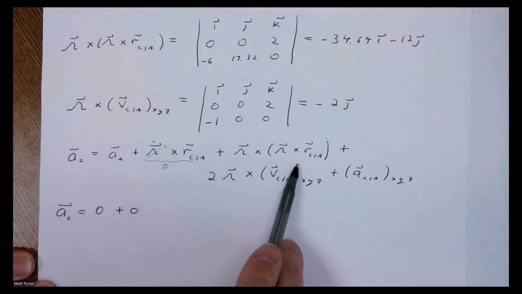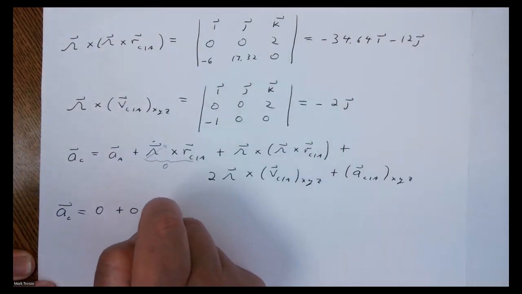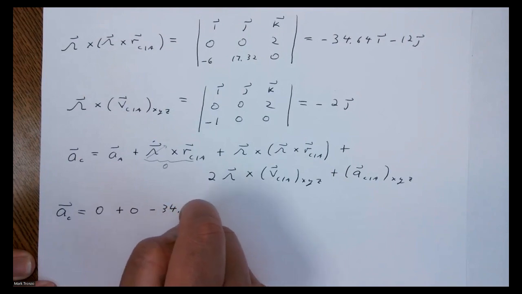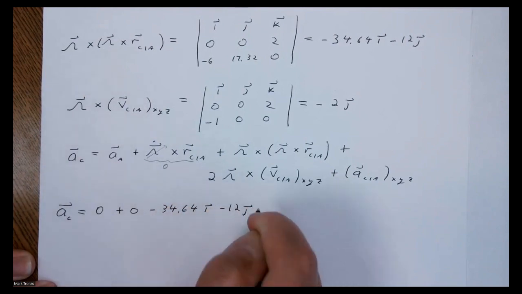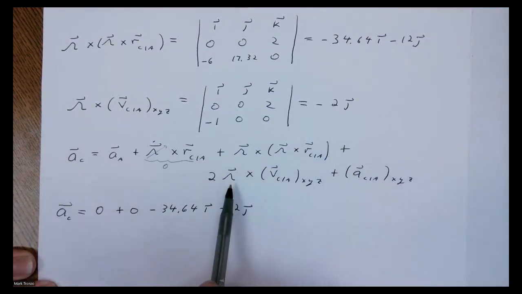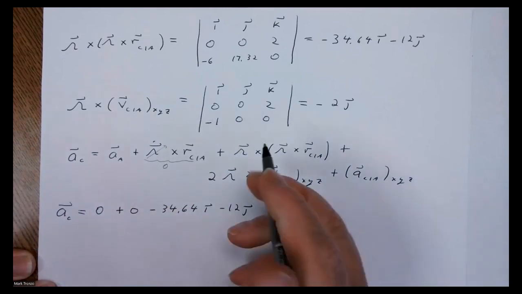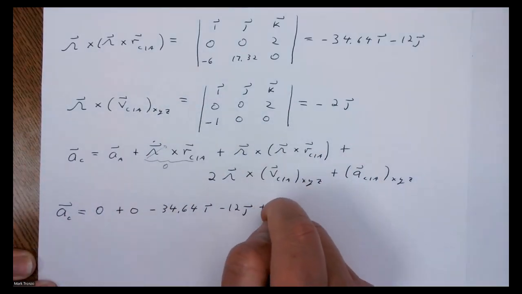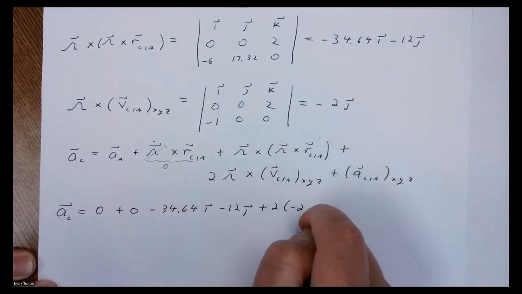And then this term here, we just calculated up here: negative 34.64I minus 12J. And then we need this term here, which we just calculated here, except that's multiplied by 2. And that was negative 2J.